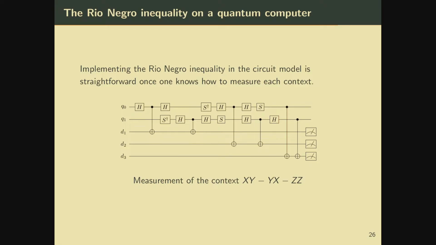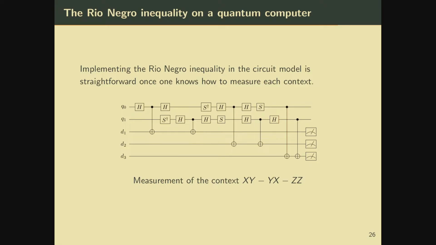You collect the measurement for the first 2-qubit observable here, the second 2-qubit observable here, and the third 2-qubit observable here. You see here we make a change of basis to the X basis. This corresponds to the change of basis to go to the Y basis. So it corresponds to measuring the 2-qubit state for this XY observable, and we collect the result here. Here we have the Y change of basis.